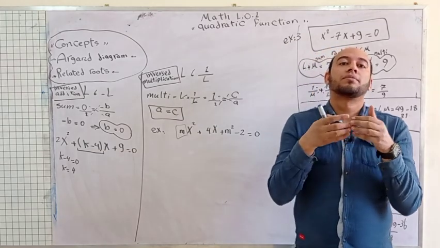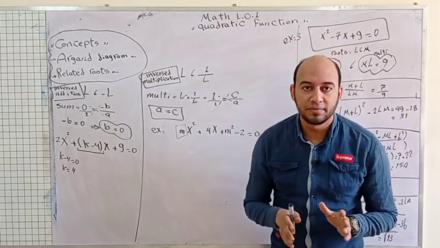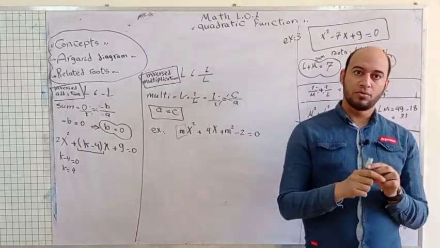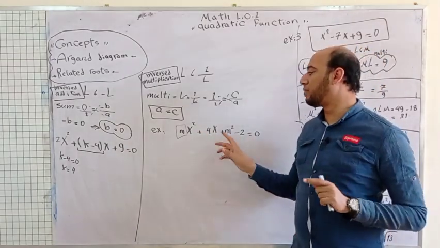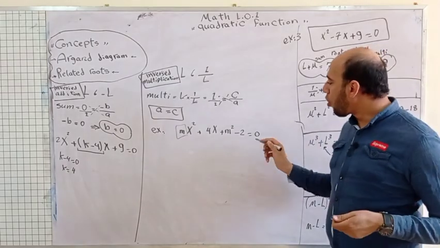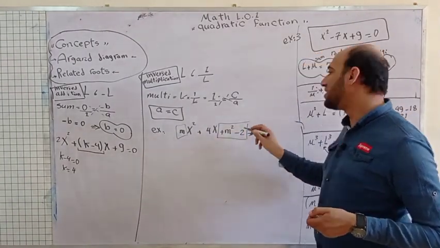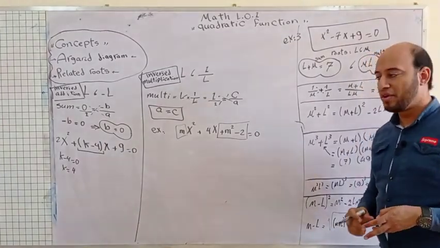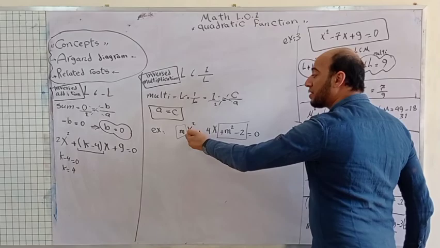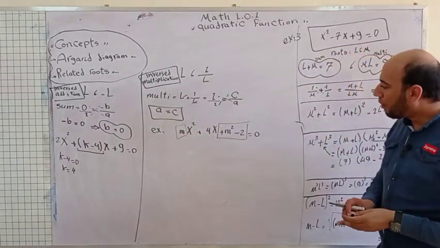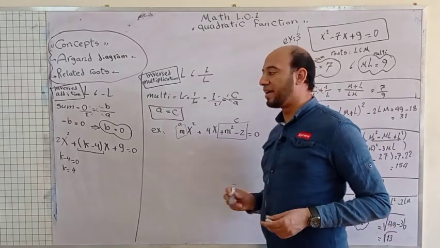The constant c is any value which isn't multiplied by x squared or by x. Then all this value is c here, because it isn't multiplied by x squared or x. Then all this value is c and this value is a.